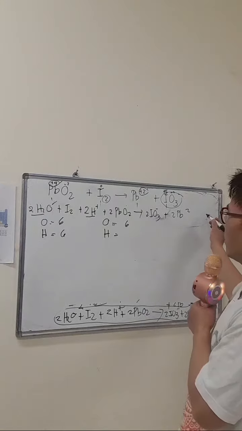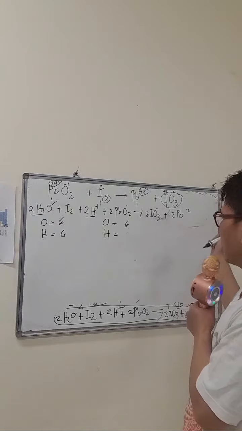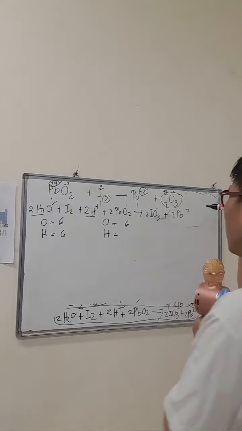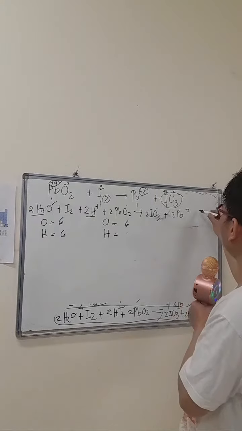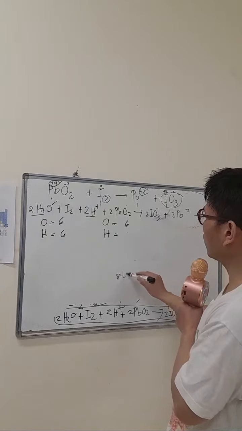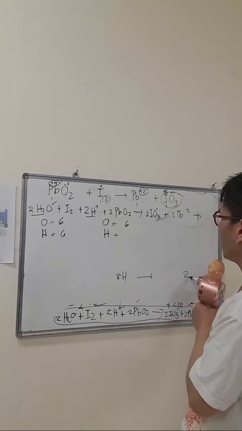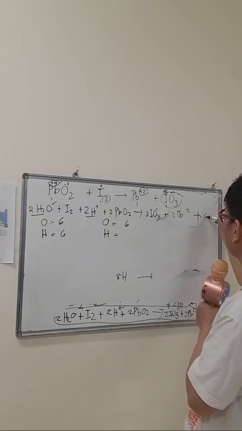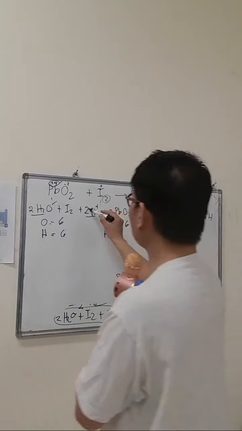Okay, like that. You get the point. So it's going to be like this. So this 8H and then this 2H, right? So 6H and then 8H.